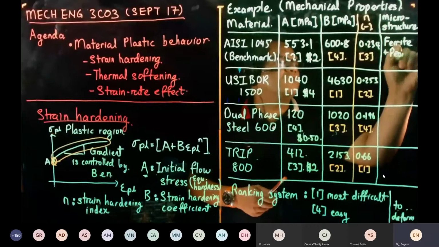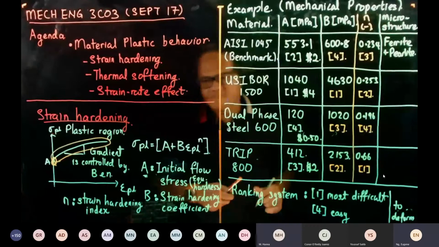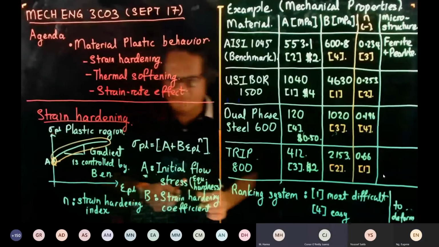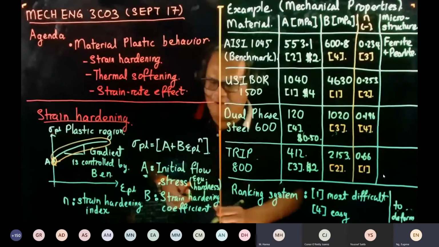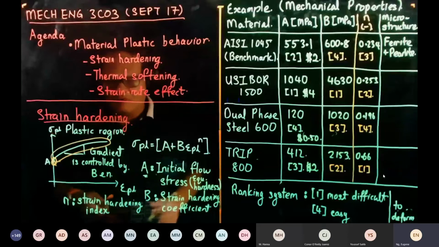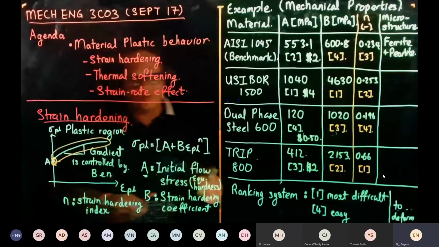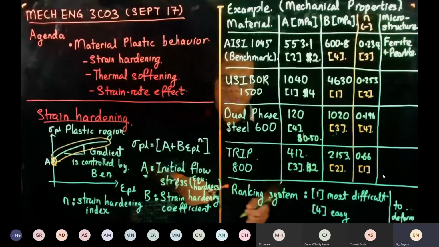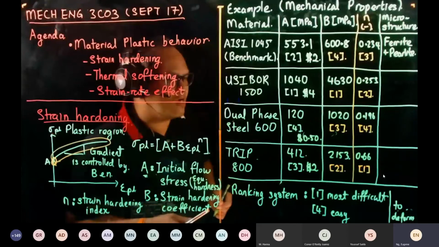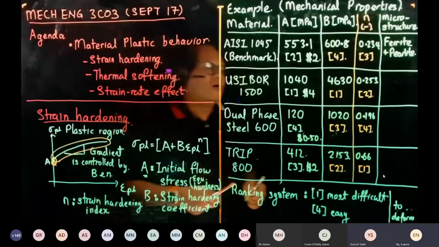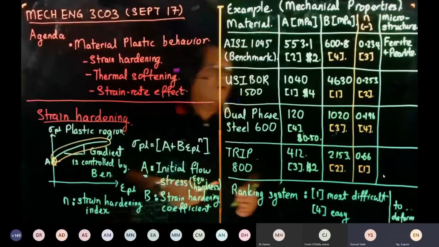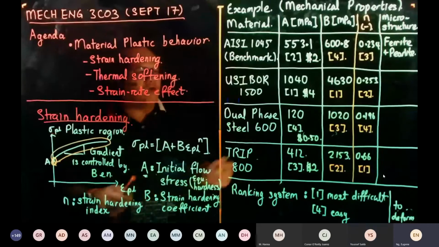Can anyone tell me which is the softer one? Pearlite? Ferrite? Okay, it's like 50-50. Ferrite is softer, right? It's easier to deform. Pearlite is harder to deform. Why is pearlite harder to deform? It has a higher carbon content. Ferrite and pearlite do come together.